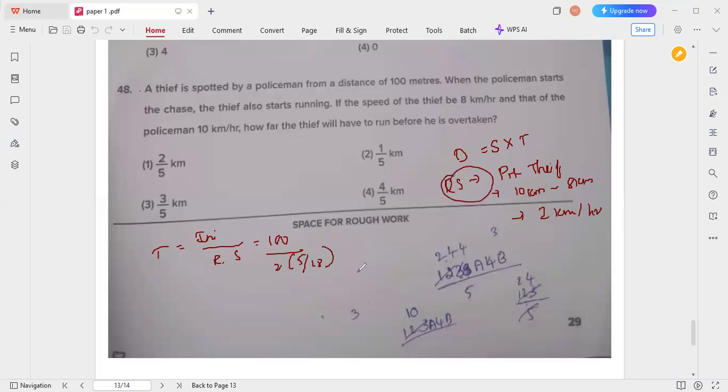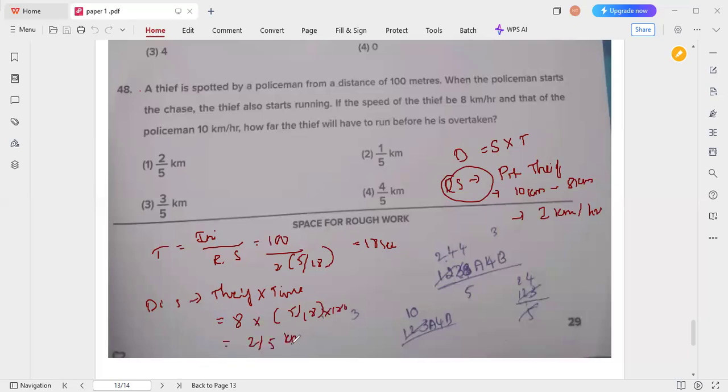So here, 180 seconds is there. Then when we find out the distance the thief runs, we have to multiply his speed with the time. So we'll get 8 into 5 by 18 into 180, that is 2 by 5 kilometer.